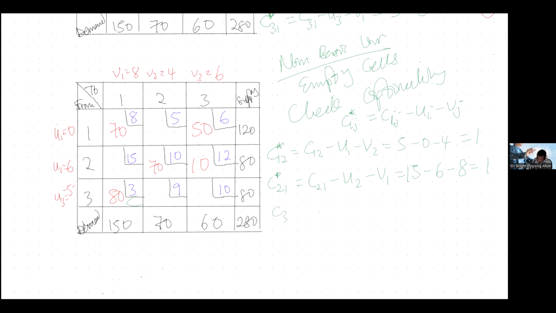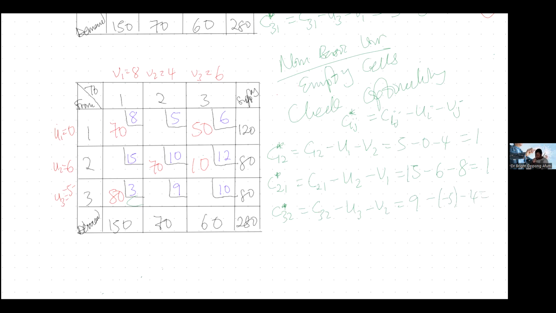Then we have C32, the net cost change. That will be C32 minus U3 minus V2. C32 is 9, minus negative 5, and minus V2 which is 4.